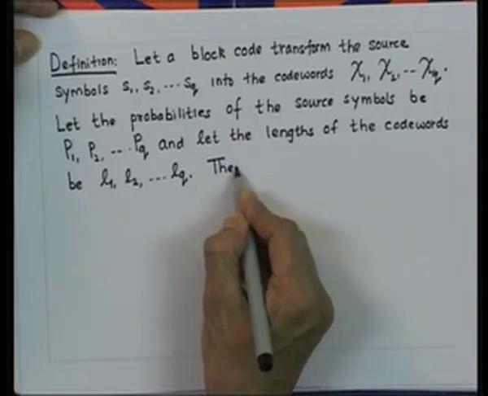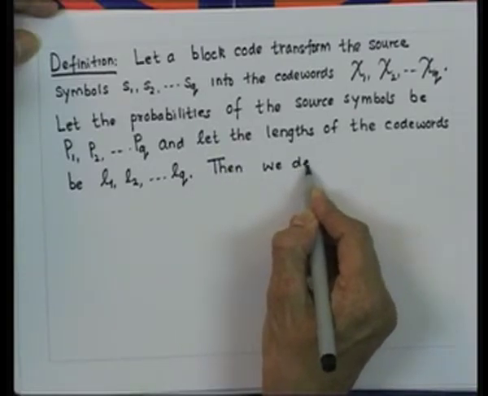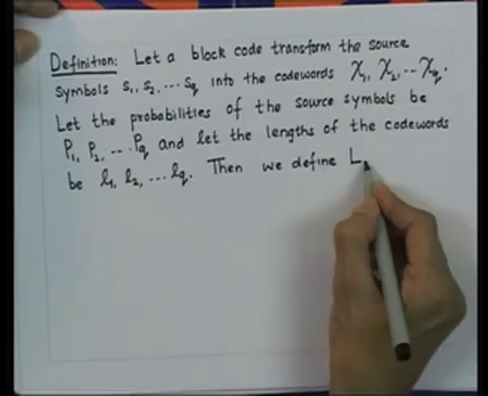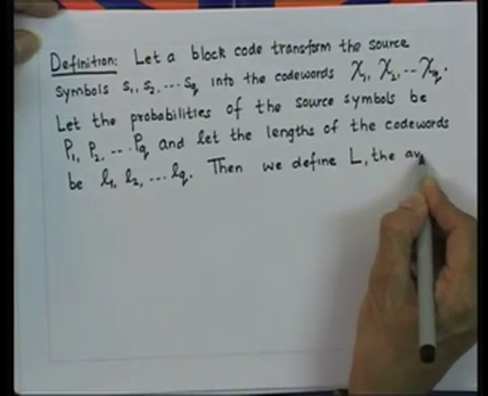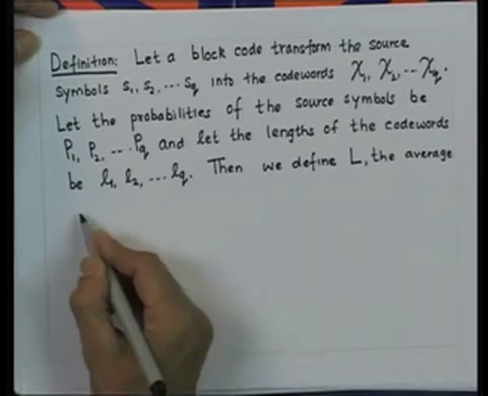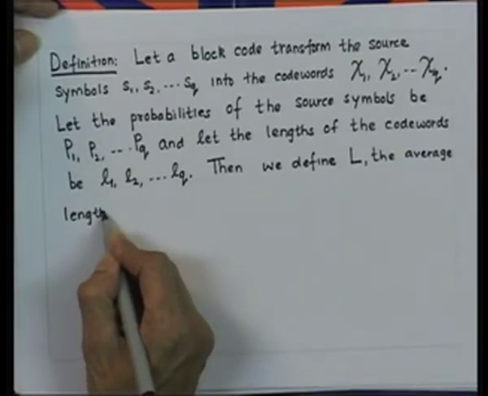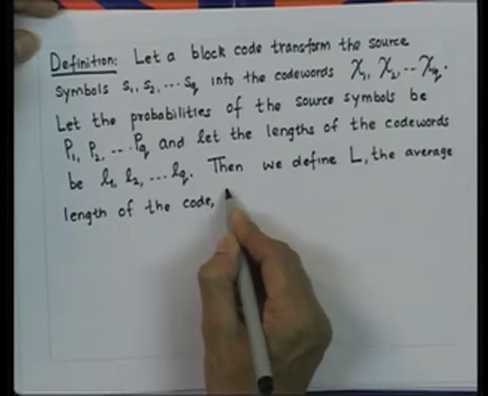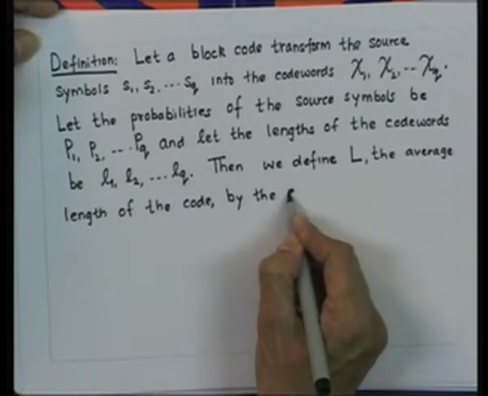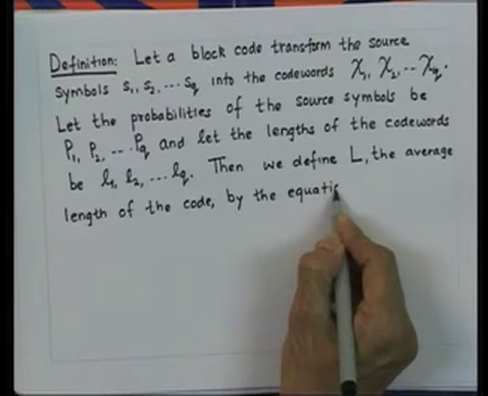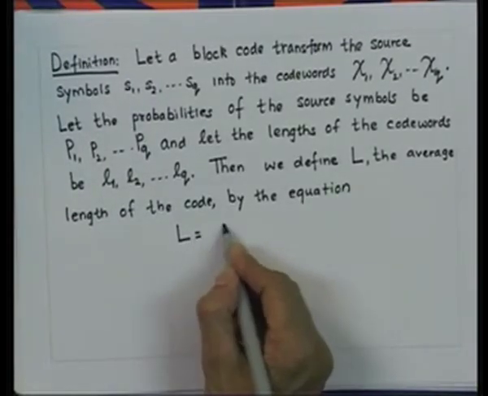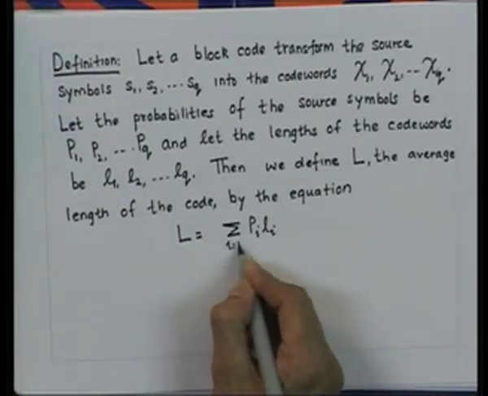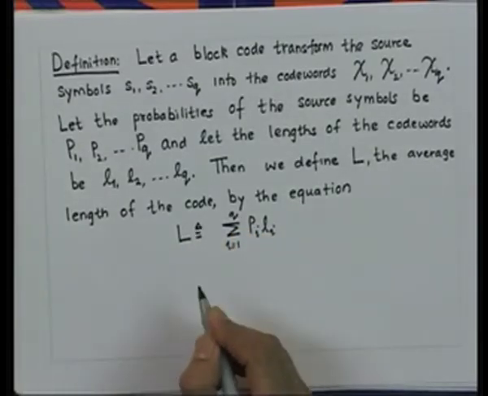Then we define the average length of the code, which is denoted by L, by the following equation, by definition.